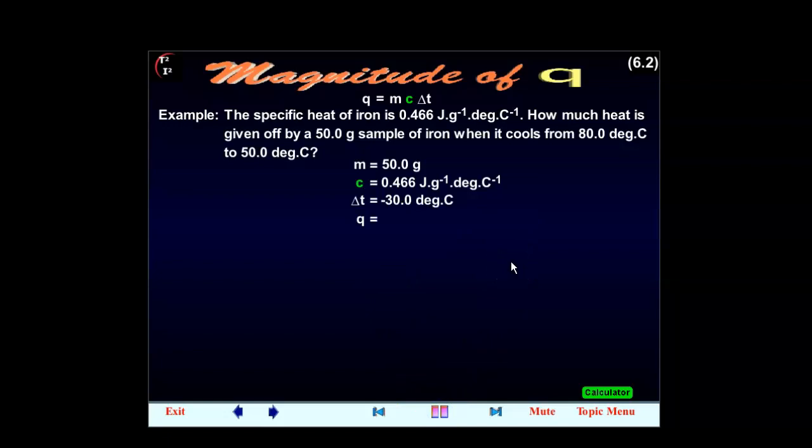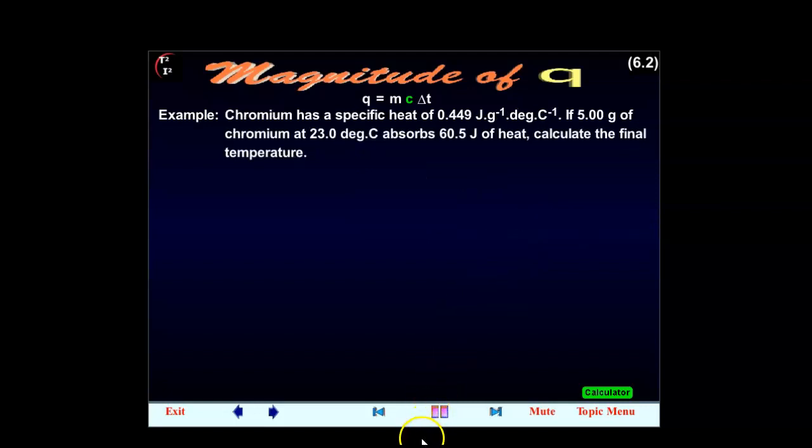Q equals minus 699 joules. Example. Chromium has a specific heat of 0.449 joules per gram per degree Celsius. If 5.00 grams of chromium at 23.0 degrees Celsius absorbs 60.5 joules of heat, calculate the final temperature.